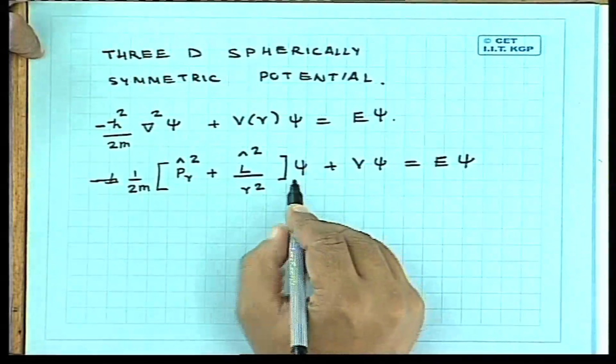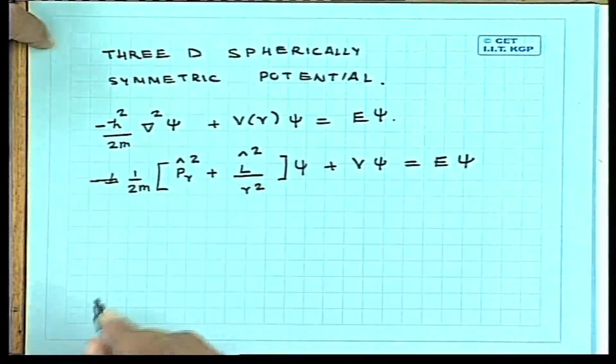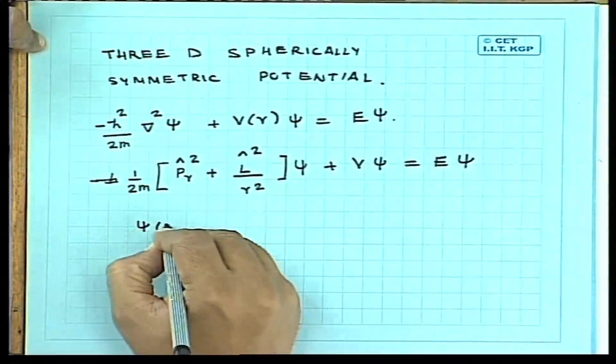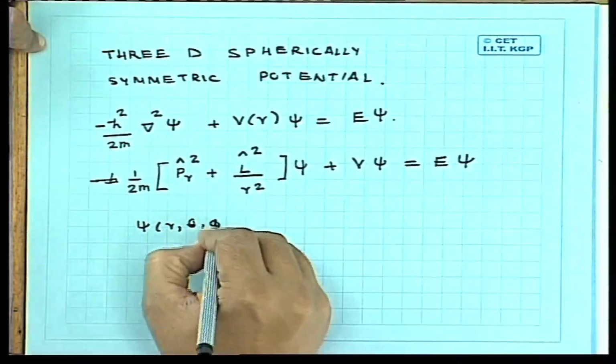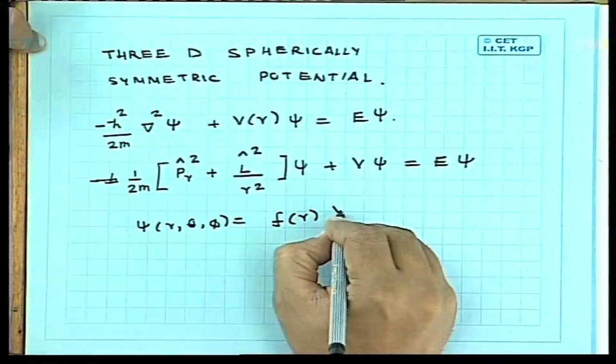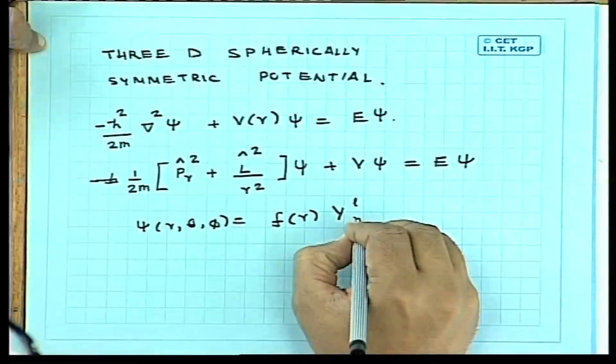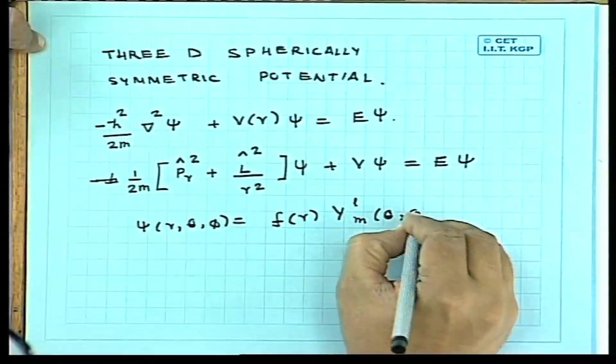Then we proceeded by breaking up this wave function psi, which is a function of r, theta and phi, into a product of a function of r and the spherical harmonics Y_lm, which were functions of theta and phi.